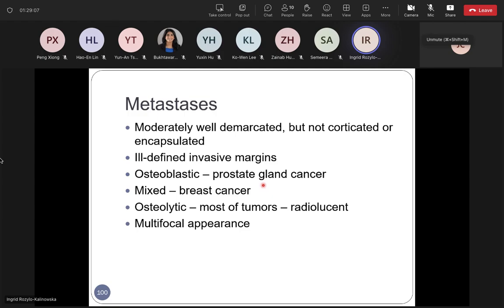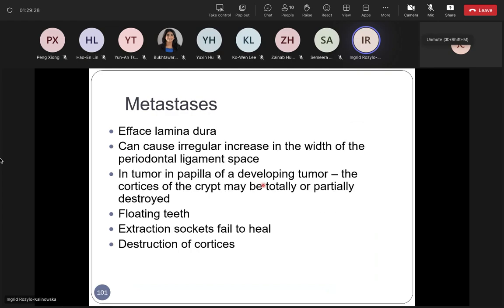And as far as breast cancer is concerned, it's mixed. It's osteolytic and osteoblastic. And most metastasis is osteolytic. And metastases efface the lamina dura of the teeth.